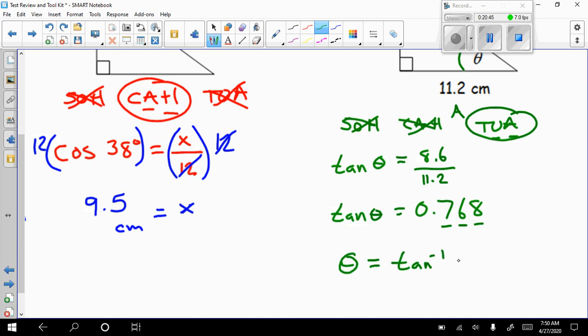So inverse tan of 0.768. Second function, tan, and I get approximately 37.5 or 38 degrees. You may be a little bit different. I kept all of my decimals there because it was just easier for me to do that.